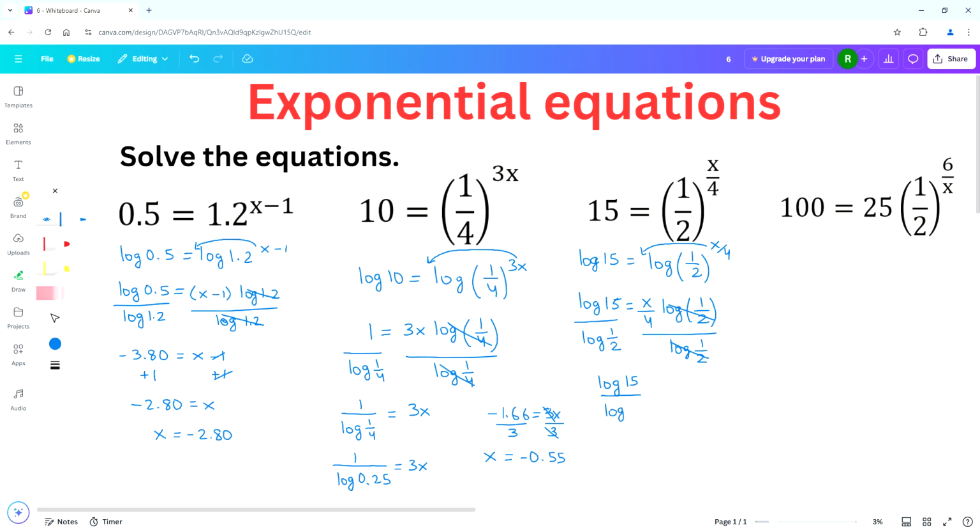One over 2 is equivalent to 0.5. Log 15 divided by log 0.5 is equal to negative 3.91, rounded to 2 decimal places.